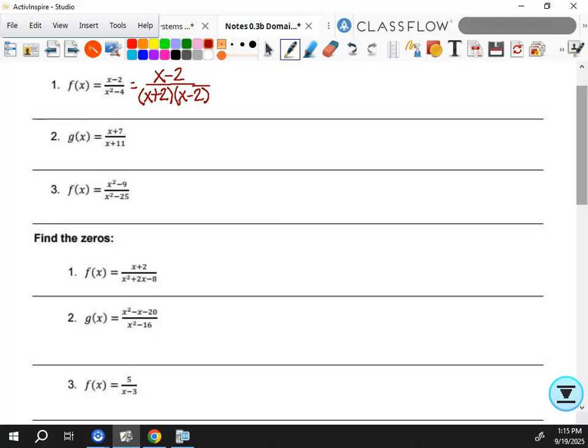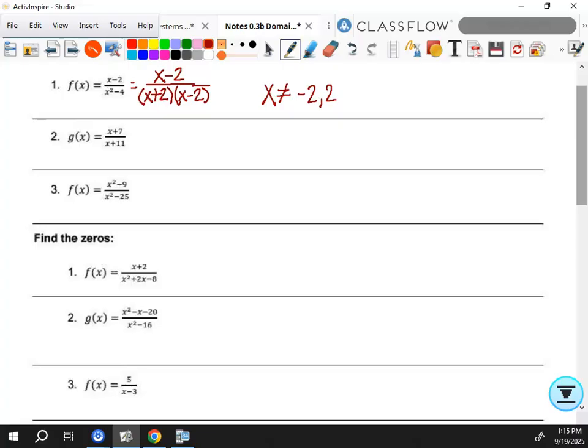Now, can I reduce this? Yes, but I'm not going to because I'm looking for the domain. So before I reduce, I look for the domain. And the domain comes from what the function can't be. That's how we figure it out. What the function can't be is whatever makes the denominator 0, right? So x cannot equal -2 or 2.